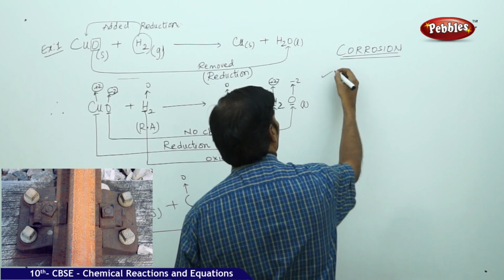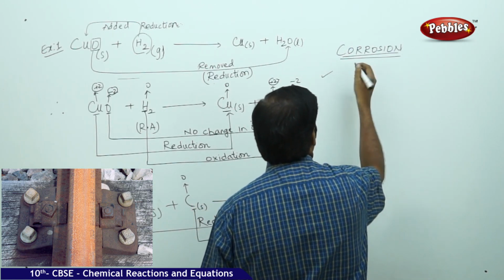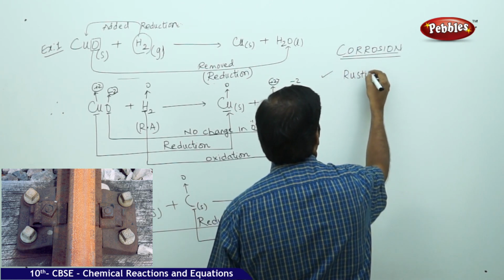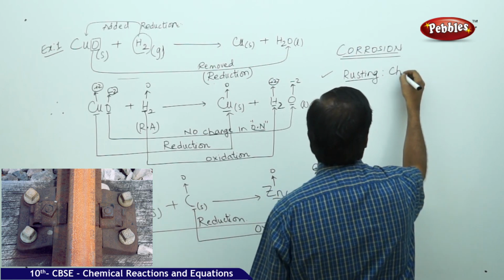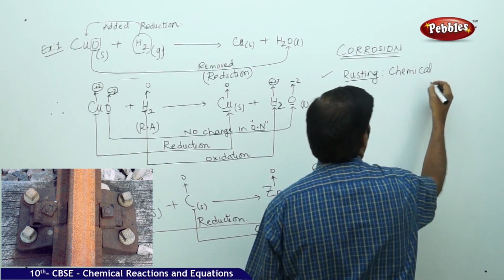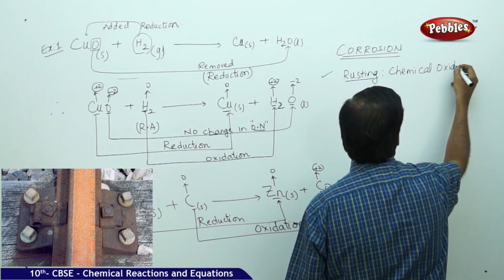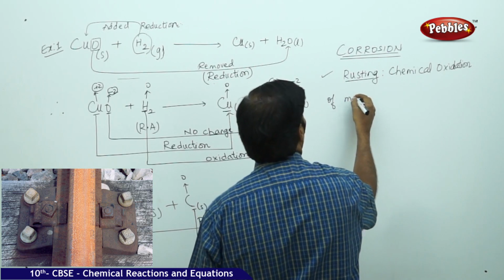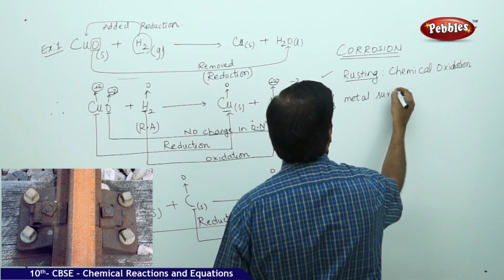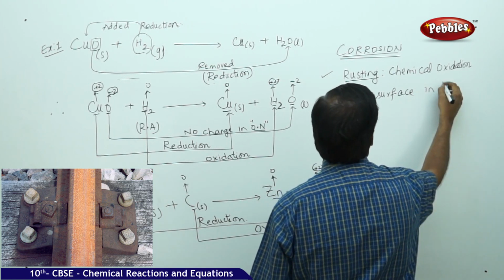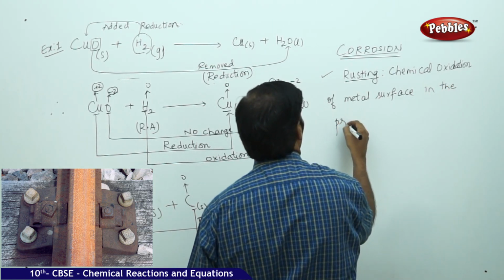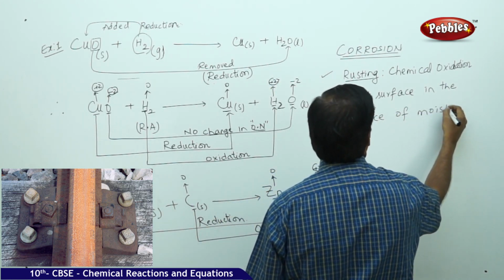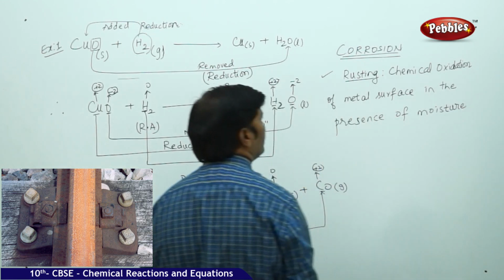Corrosion. Corrosion is also called rusting. Rusting is nothing but chemical oxidation of metal surface in the presence of moisture.